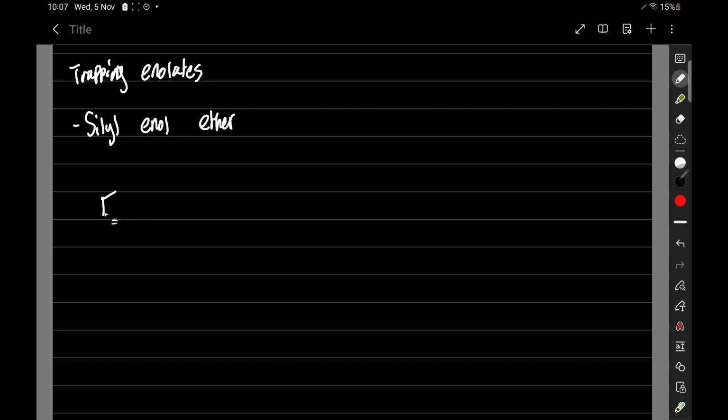Silyl enol ethers, if you use these in your conditions, let's say we want to make an enolate of this, and we want the thermodynamic enolate. Unless you make it kinetic control, silyl enol ethers tend to favor thermodynamic control.